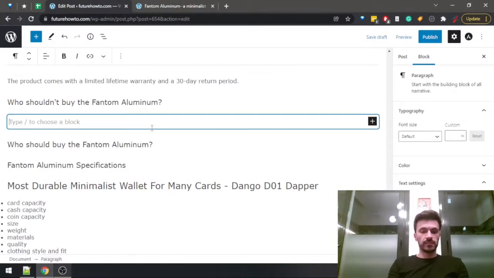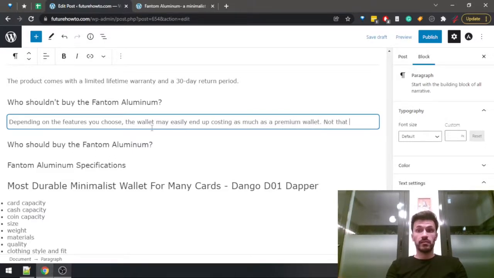Let's say something like, depending on the features you choose, the wallet may easily end up costing as much as a premium wallet.